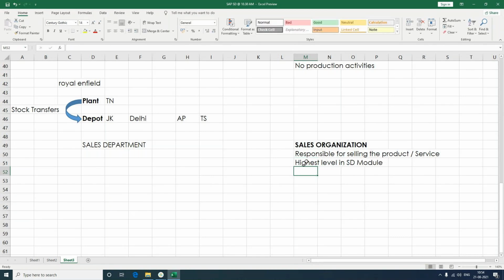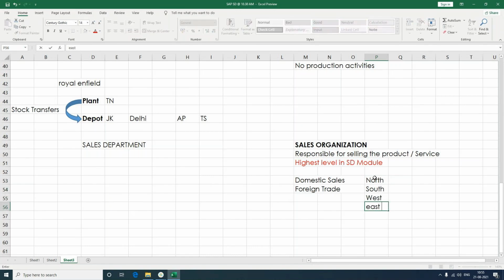And for one company we can have multiple sales organizations maintained. It's not that we can have only one or two sales orgs; we can have multiple. Let's say one sales org takes care of domestic and one sales org takes care of exports, foreign trade. That's one way of doing the mapping, or we have a different way. Let's say we have one sales org which takes care of north sales, south, west, east, based on zone.